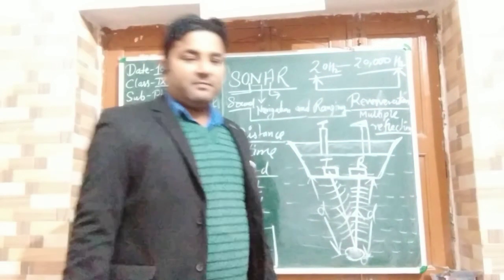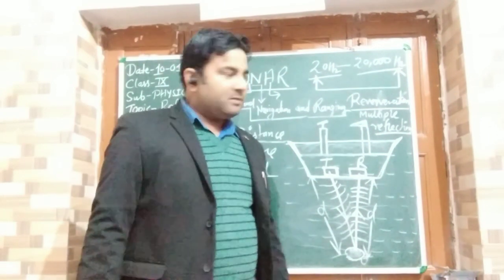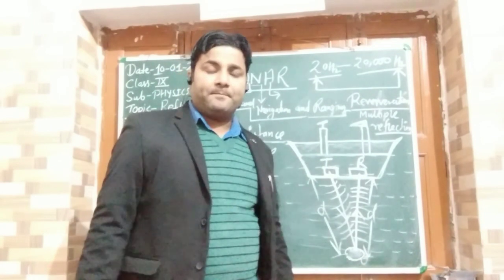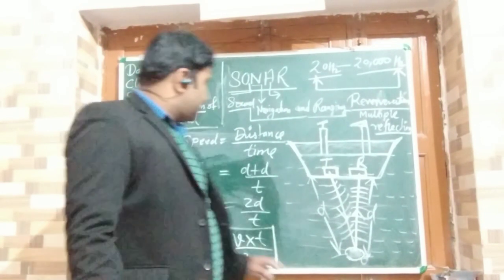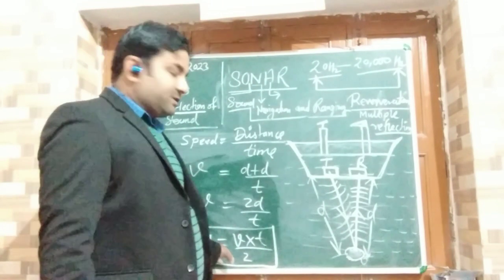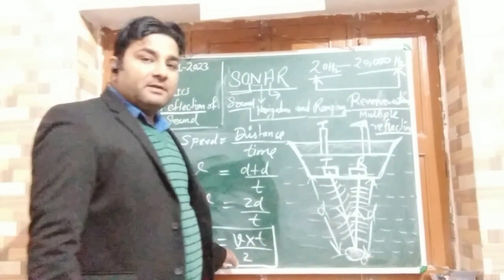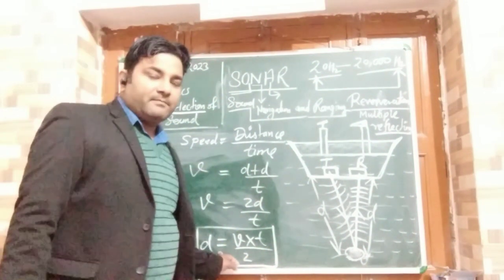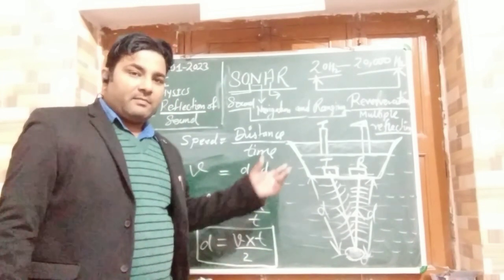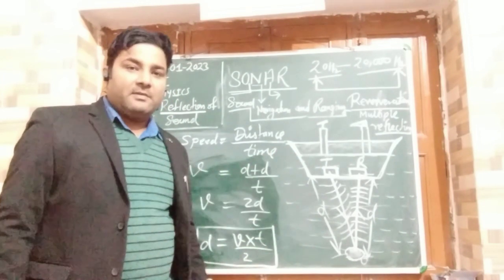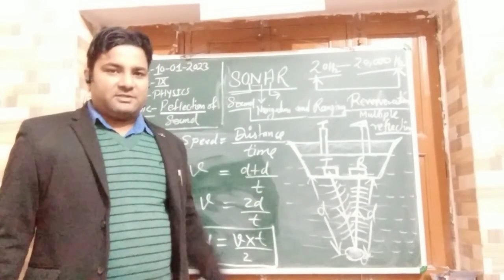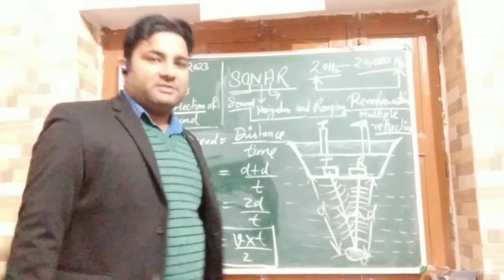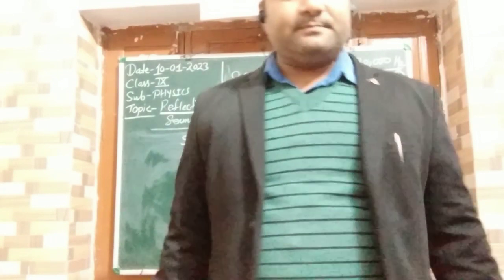Whenever such a phenomenon is going on, there is reverberation. Clear? And we will solve some numericals based on this distance formula, that is, the distance of an object from any particular device setup, or you say from the sonar system. Clear?